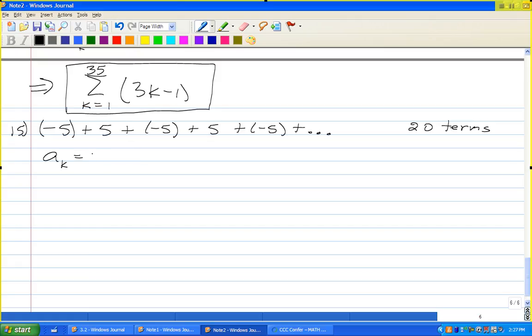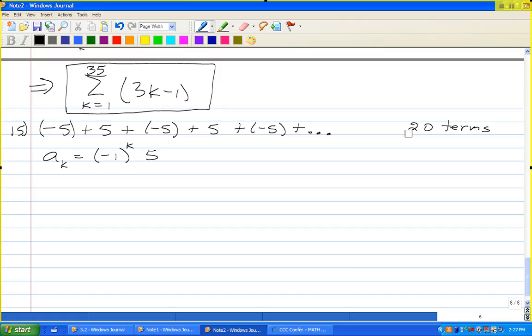So I'll put minus 1 to the k times 5. So you notice when k is 1, I get negative 5. K is 2, I get positive 5. K is 3, negative 5. So it keeps alternating like what I've written here.